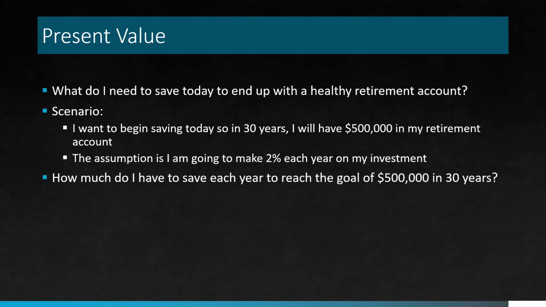The assumption that I'm going to make is that whatever I invest today to reach that $500,000, there's a percentage that I'm going to earn each year on my investment. And I'm going very low: every year I'm going to earn 2% on my investment. So how much do I have to start saving today to reach that goal of $500,000 in 30 years?